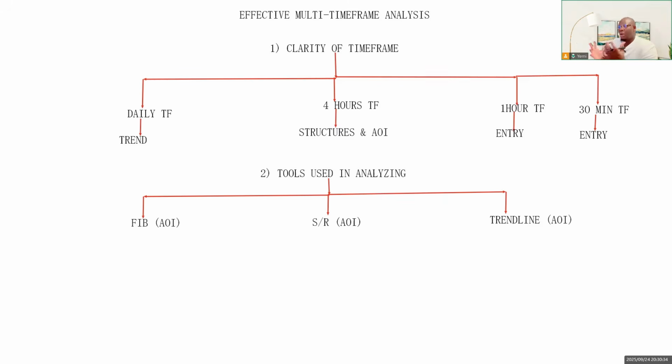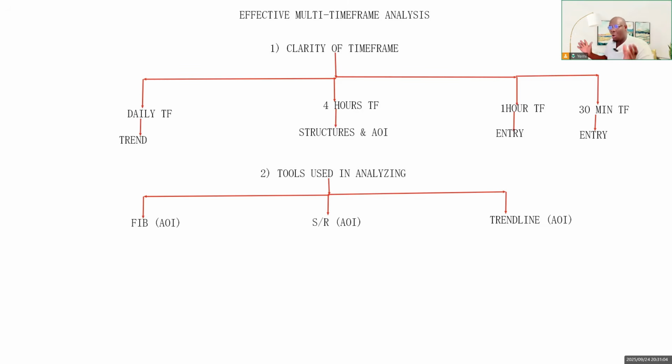So what do I mean by area of interest? Areas of interest are specific areas of the market where there could be the possibility of a trade opportunity. Either the market is reversing, or the market is done with retracement and wants to continue in the direction of the trend. So these 3 tools, I use them to do the same job, but I use them in different ways, depending on the opportunity that the market provides at that point in time.